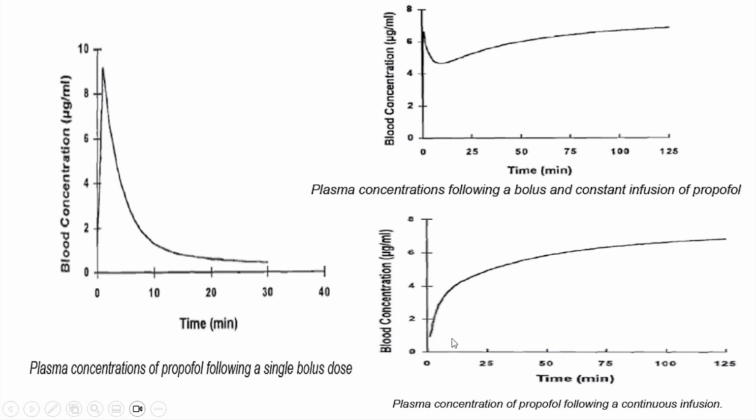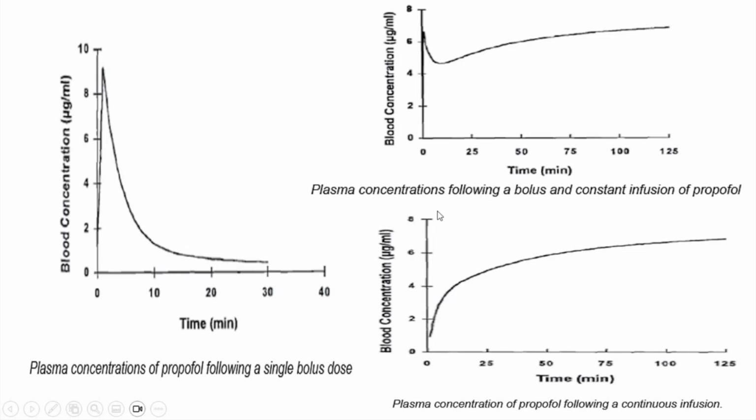So this is what happens. It takes quite some time before the propofol reaches a steady state plasma concentration, which is called the SSPC, steady state plasma concentration. It takes time. So this is the difference between a single bolus then starting infusion, and starting infusion from the beginning.